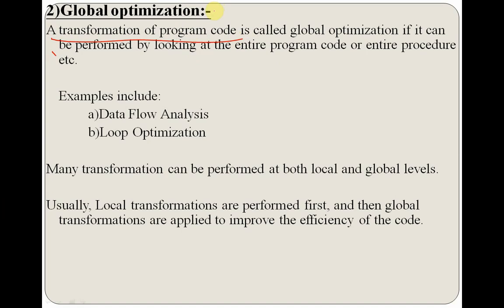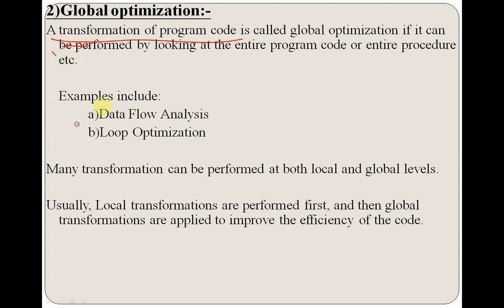We can analyze two or more basic blocks, or multiple basic blocks, or the entire program, or some loop, or some procedure, and try to recommend some modifications for the minimization of the code. This comes under global optimization.